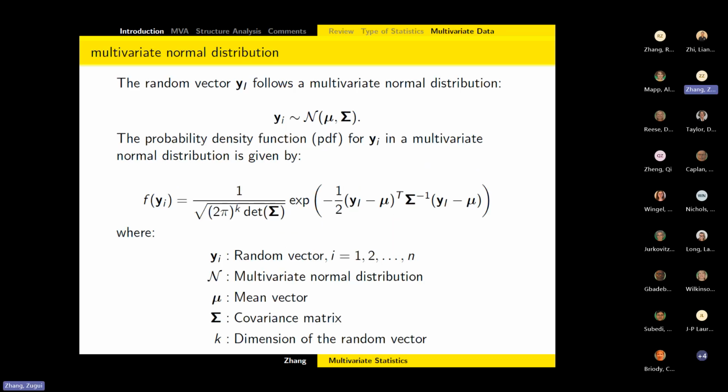Instead of using the normal distribution for one outcome, we will use the multivariate normal distribution. Here we can see the probability density function for the multivariate normal distribution, with the random vector, the mean vector, the covariance matrix, and the dimension of the random vector.